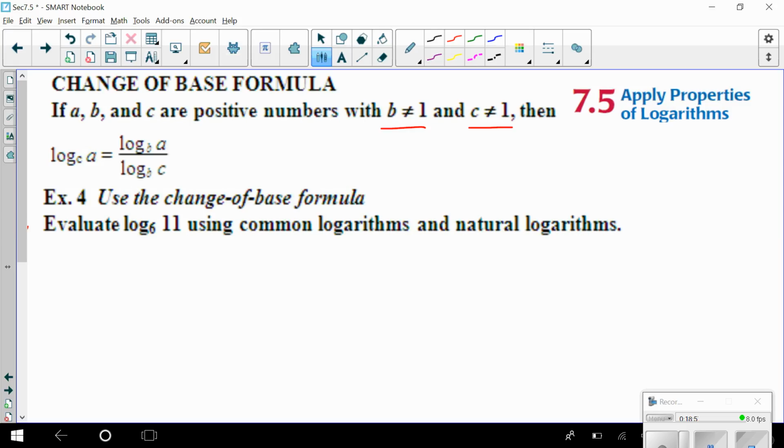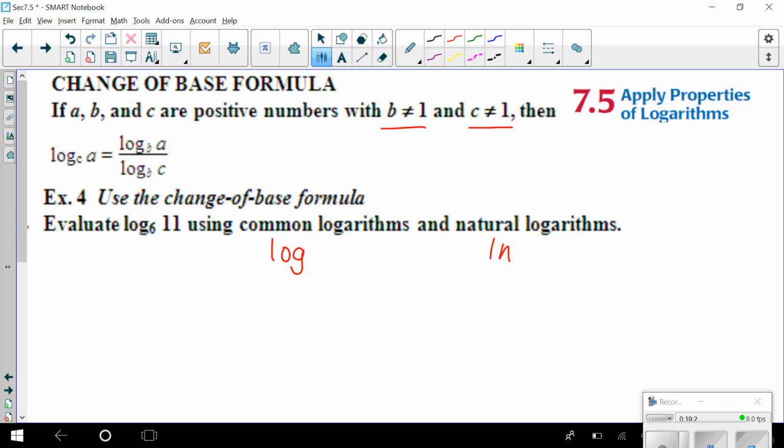So we're going to use the change of base formula to evaluate the log base 6 of 11. And we're going to use common logarithms, which again, that's just log, and natural logarithms, which are ln. If you look at your calculator, you have a log button and you have an ln button, a natural log button.